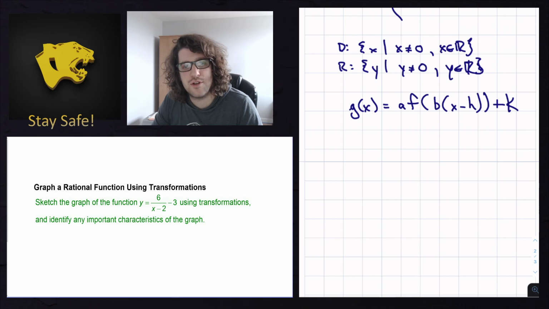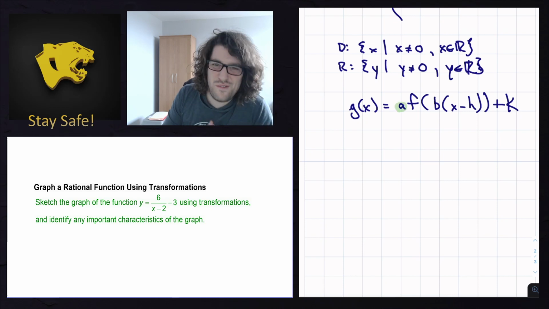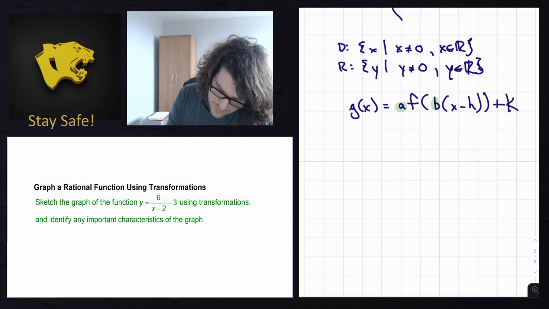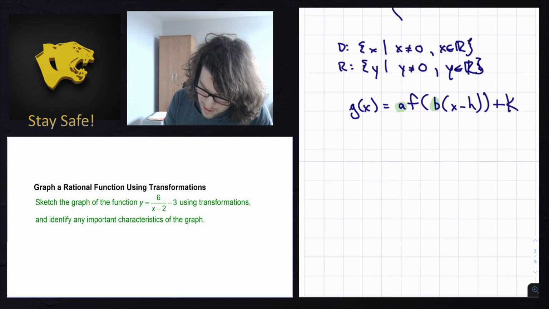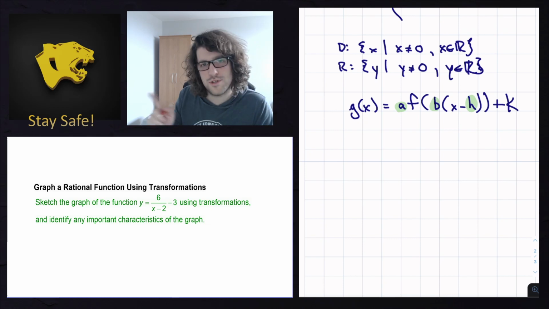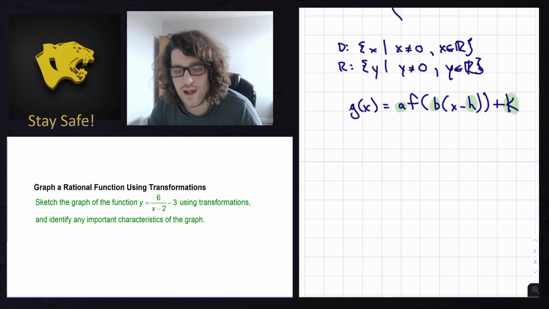That's the general transformational form of functions that have the vertical stretch or reflections in the a value, the horizontal stretch and or reflections in the b value, horizontal translation in the h value, and vertical translation in the k value.